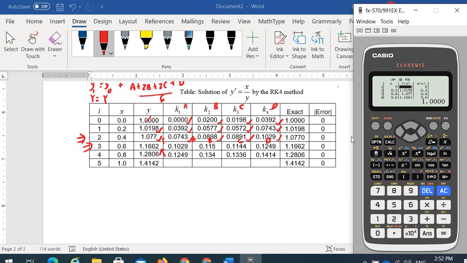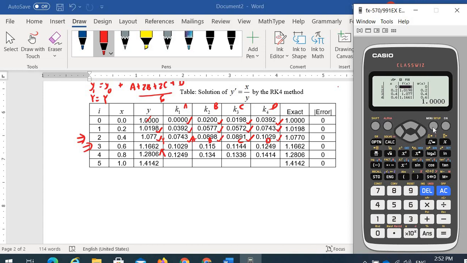So quickly, if we have a consistent increment, starting and ending value, then we can use the table mode to tabulate the function value. However, if the increment is not consistent, then we use the calculate button, calculate one by one.